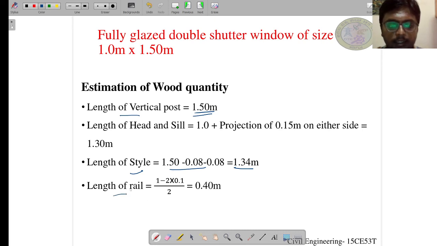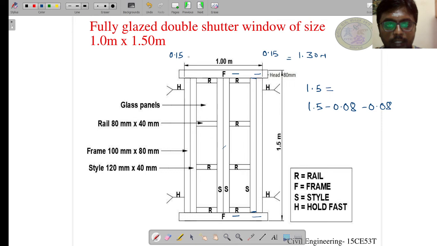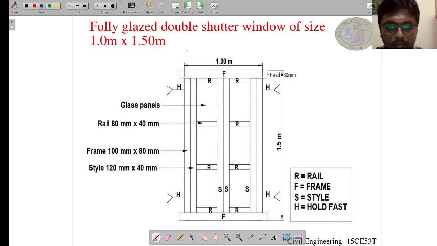Next, let us calculate the length of the rail. To calculate the length of the rail, from here to here, we have to deduct the width of the vertical post. So we proceed with 1 minus 2 into the width of the frame, 100 mm, which is 0.1 meter, because we have two sides. This gives the entire length from here till here.